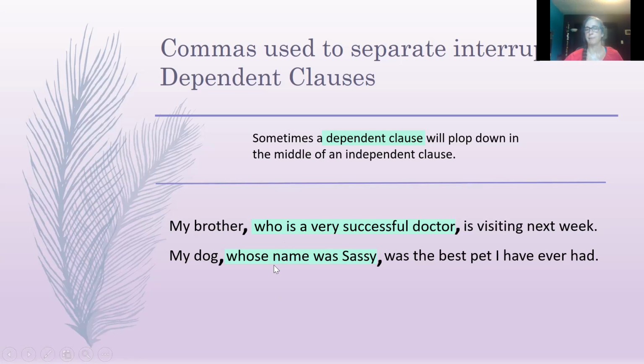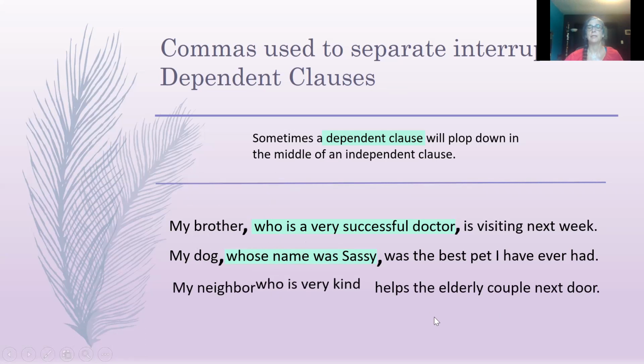That is the only place they can come, is right after the noun they are describing. My neighbor, who is very kind, helps the elderly couple next door. There is no place else to put these adjective dependent clauses except immediately after the noun they are describing.